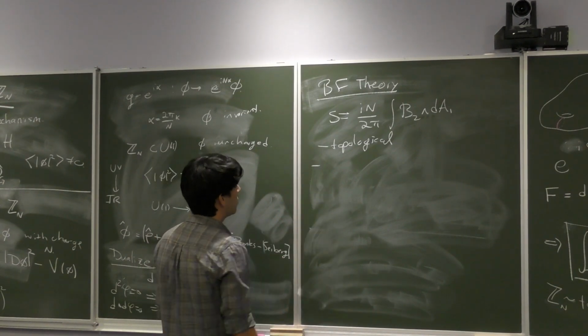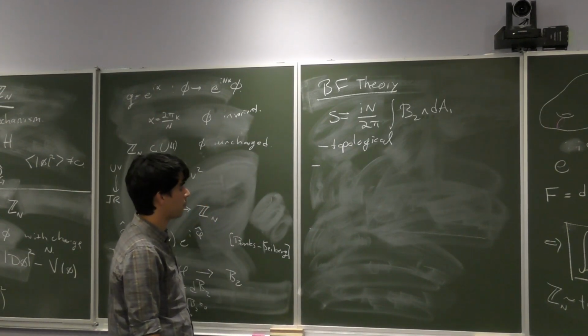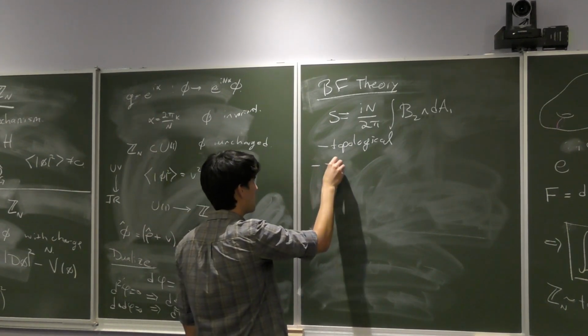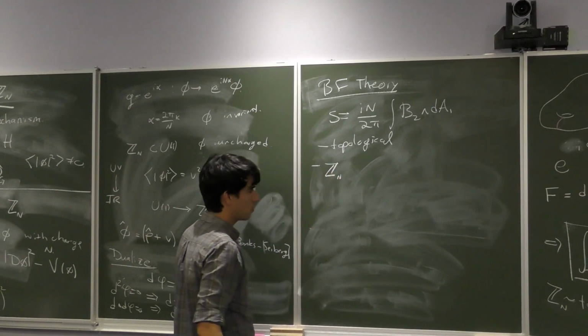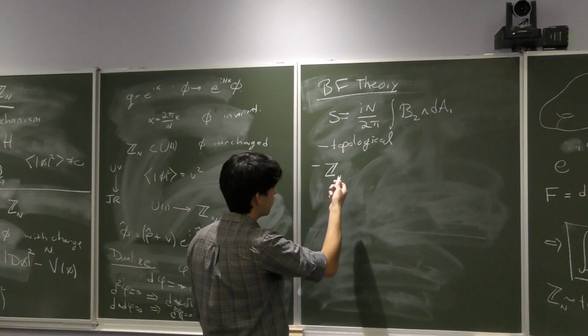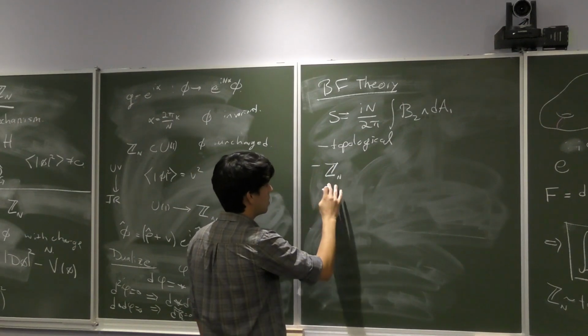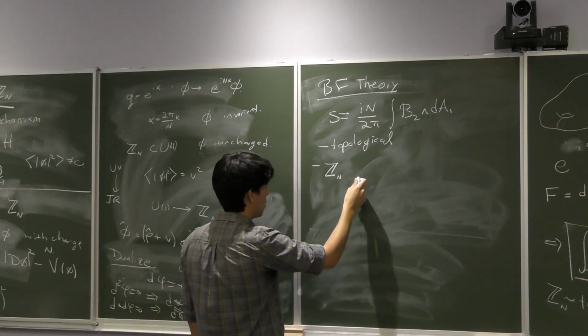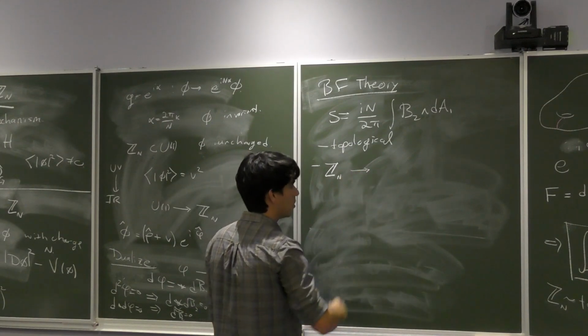So how can we see that it's a Zn gauge theory? There's two ways. One is sort of implicit, one is explicit. So let's do the implicit one first.